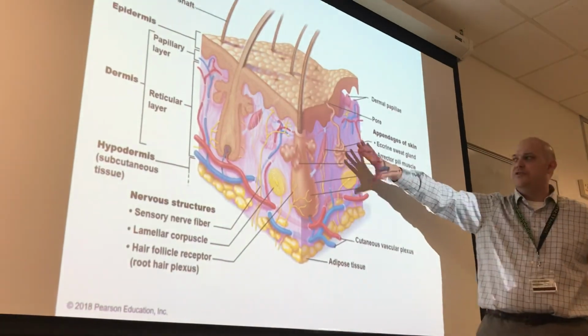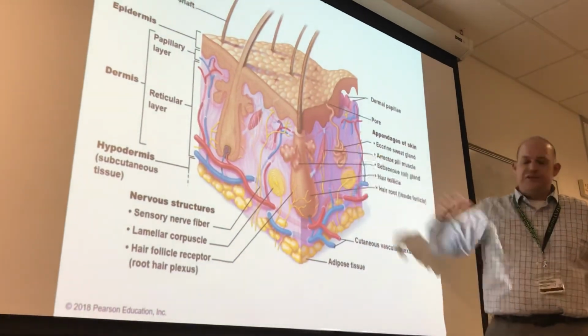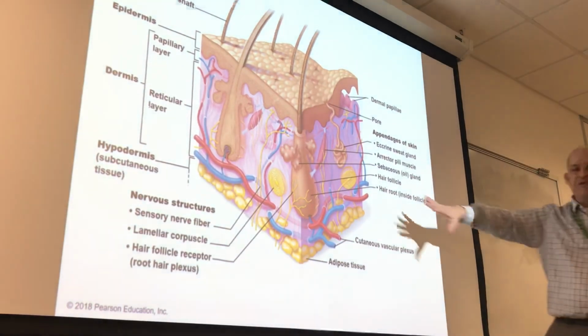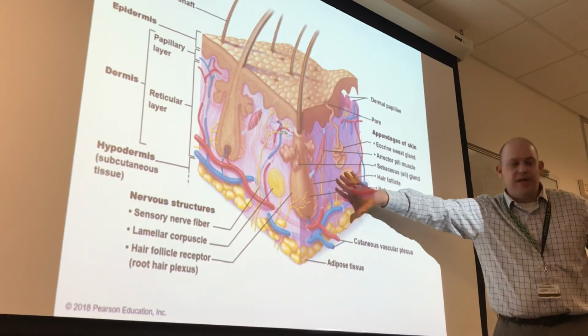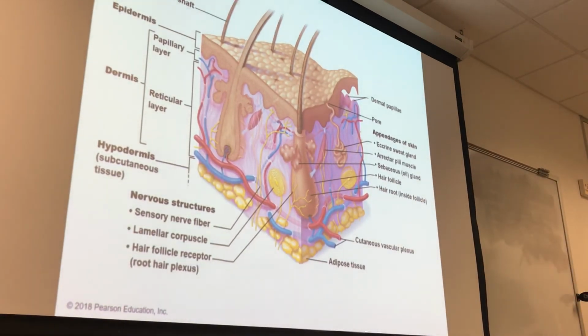If this skin belongs to the underarm or the groin area, this sweat gland is an apocrine sweat gland. On the same token, if this block of skin is coming from the forearm or your thigh or your leg or your foot, that sweat gland is an eccrine sweat gland. Its primary function is going to be to reduce body temperature when our body starts to overheat.